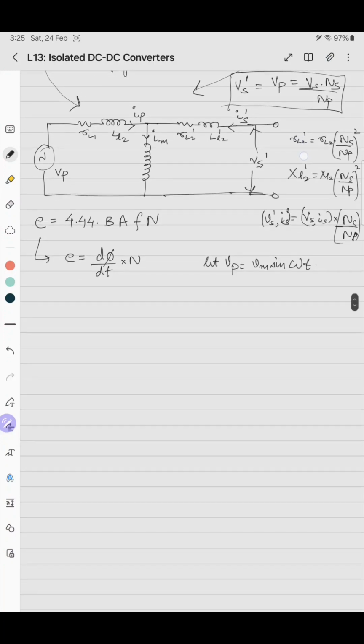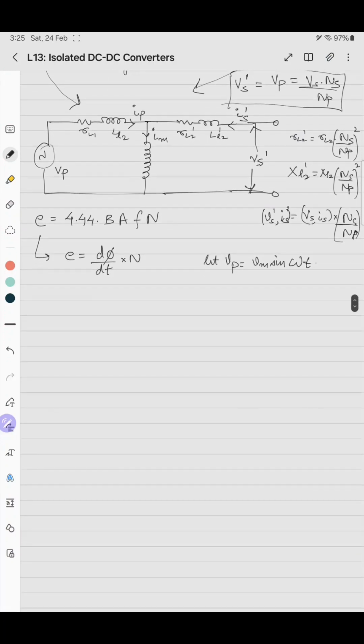Let's say Vp is Vm sin omega t. So the flux induced is phi m sin omega t. So the induced EMF will be n into phi m into omega, and sine becomes cos omega t.